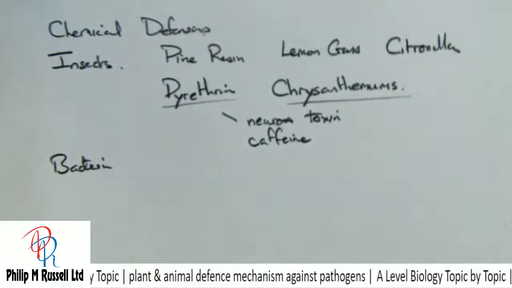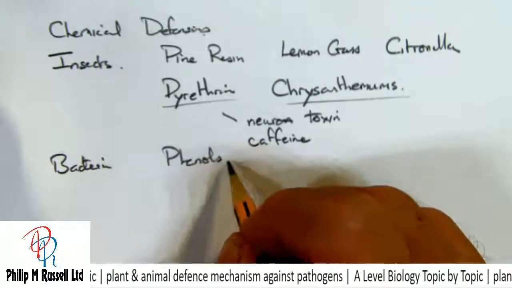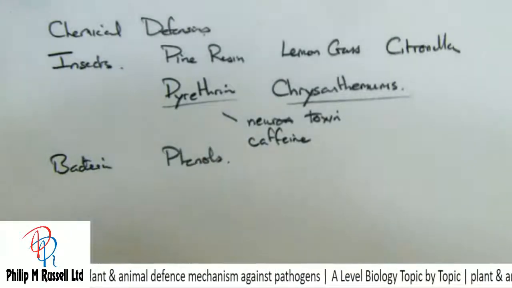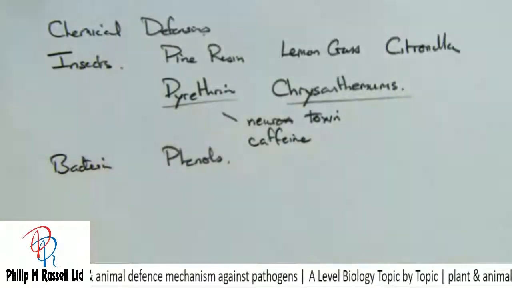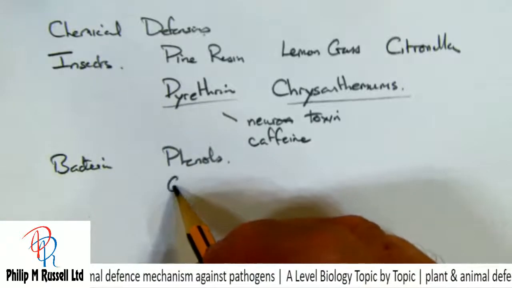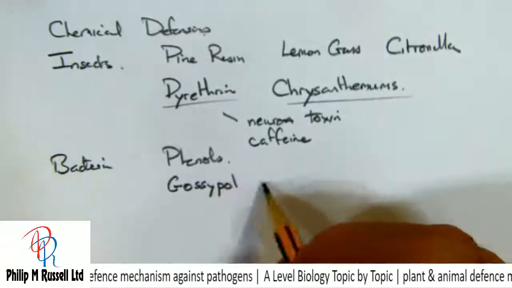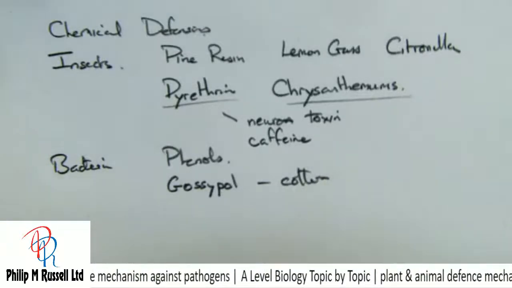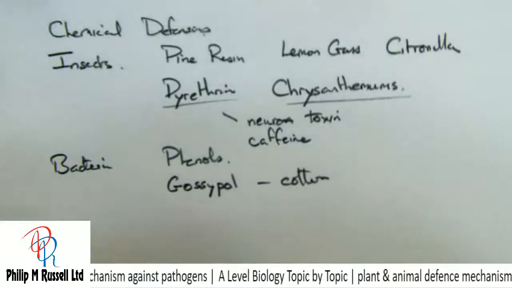We get some plants that produce some phenols. This certainly doesn't do bacteria any good at all. We've got a chemical called gossypol, and that's made by the cotton plant. And that doesn't do an awful lot of good to bacteria either.